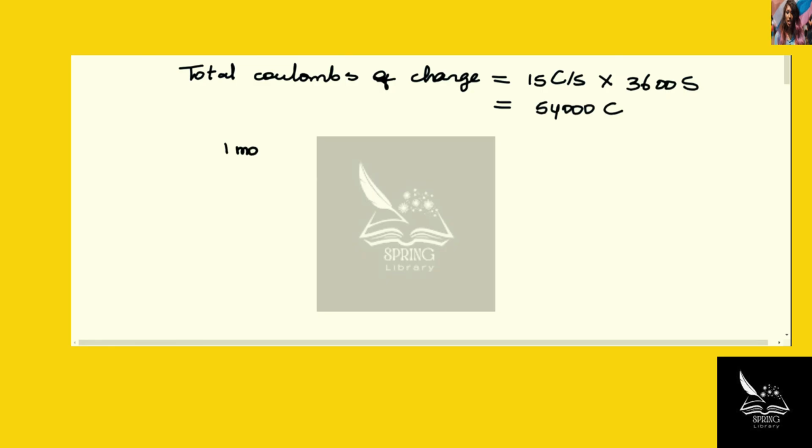1 mole of electrons carries a charge of 1 Faraday. 1 Faraday is equal to 96,485 coulombs. So therefore, 96,485 coulombs is equal to 1 mole of electrons.